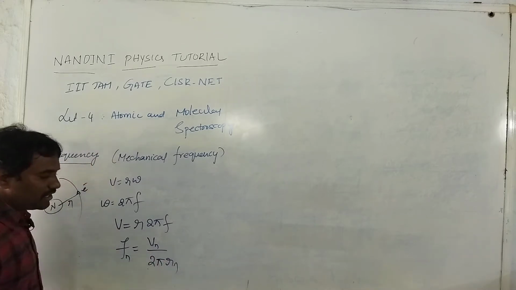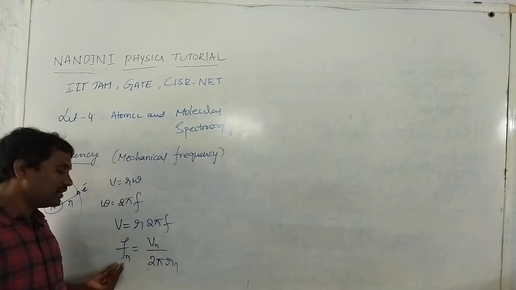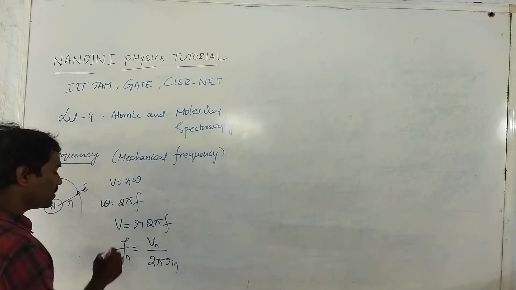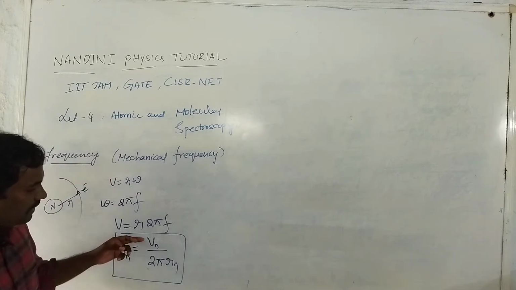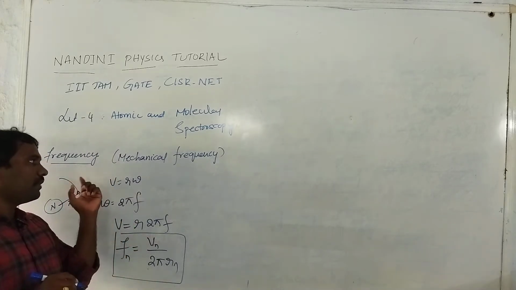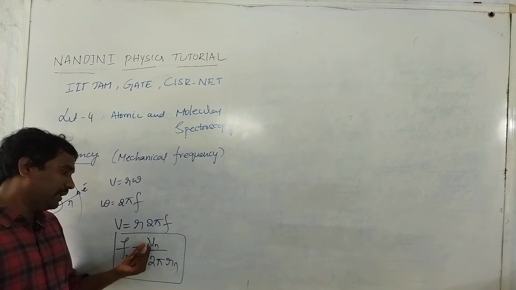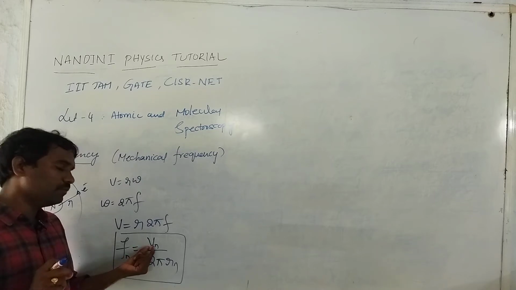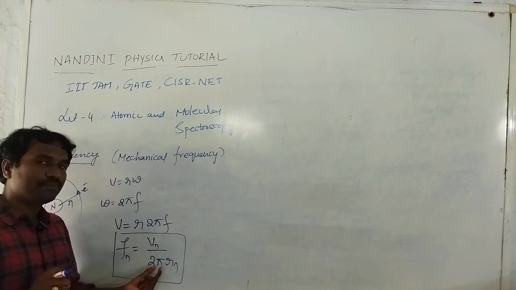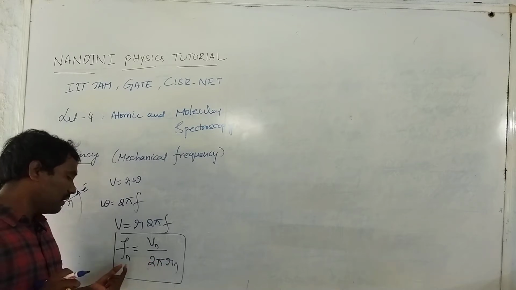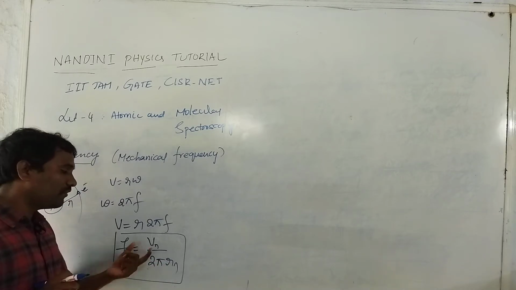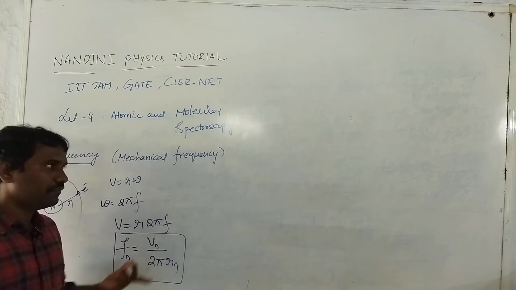Here Rn is the radius of the nth orbit, Fn is the frequency of the nth orbit, and Vn is the velocity of the nth orbit. So this is the formula for frequency. Now I will substitute the Vn value and Rn value from the hydrogen atom. I already derived the Vn value.